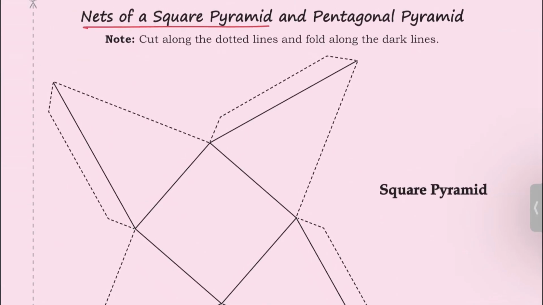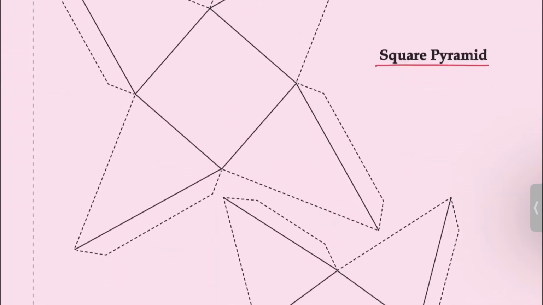Nets of square pyramid and pentagonal pyramid are given here. Cut along the dotted lines and fold along the dark lines. You will get a square pyramid, pentagonal pyramid.